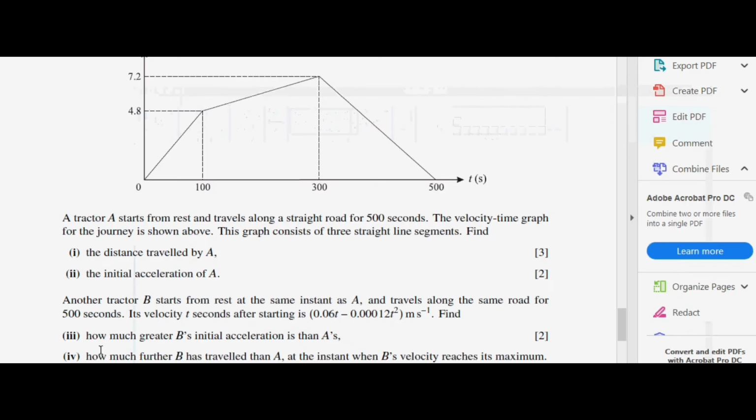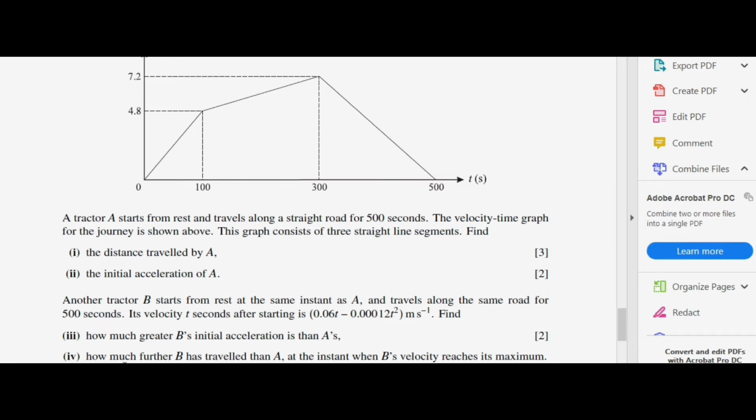Then part 4 says: how much further has B traveled than A at the instant when B's velocity reaches its maximum? So what do we need to do? The same concept applies as in part 3. Let's find out how much B has traveled, how much A has traveled, and then the difference between the two is how much further B has traveled.